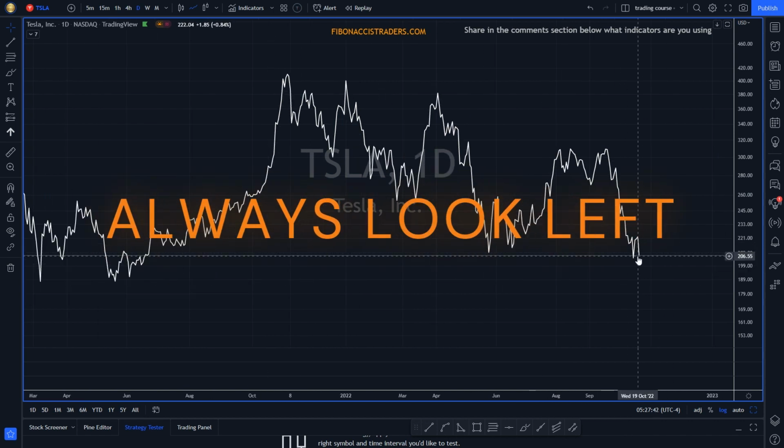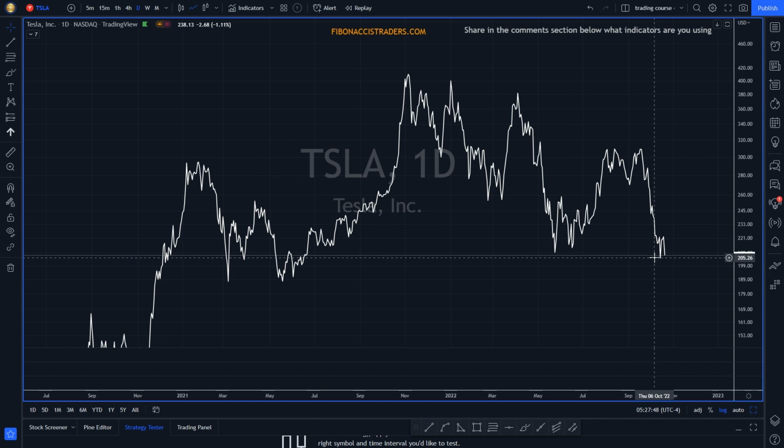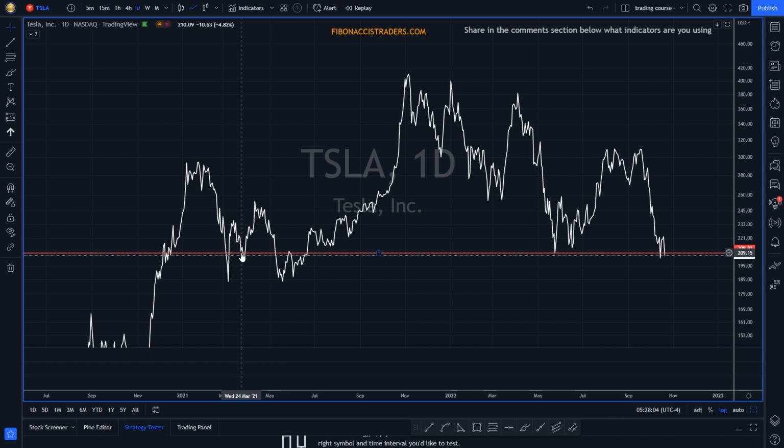If you want to see why price is now where it is, look left. Simply as that. Why is price now here? Because it was here also in May 2022. If we go further back, it was here also as a resistance in May 21, and here in March 21 is support.